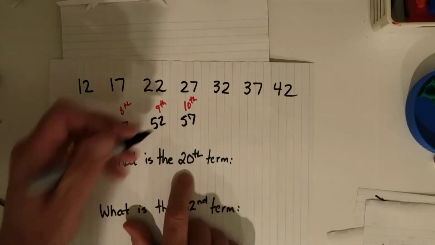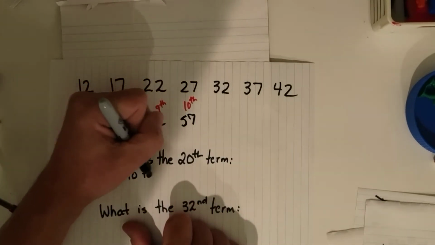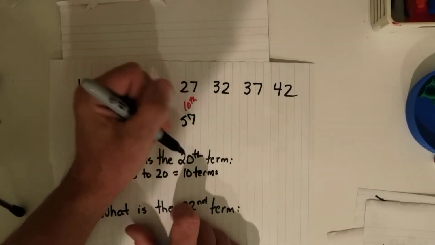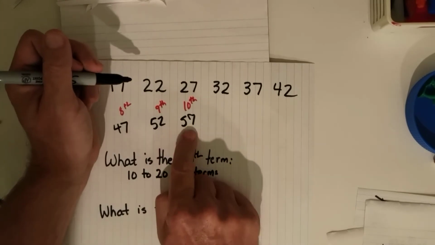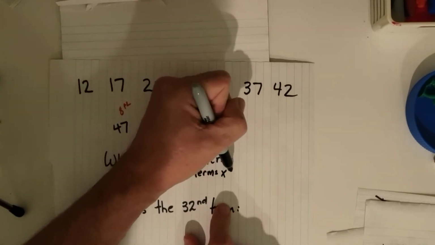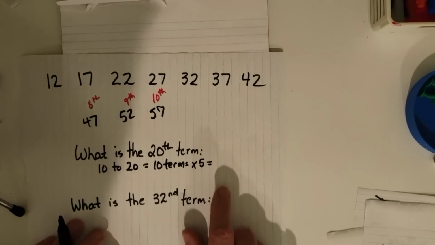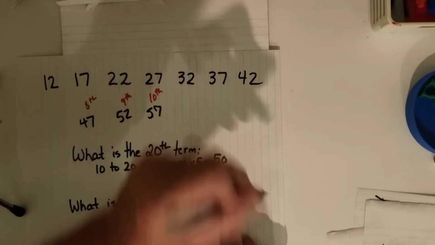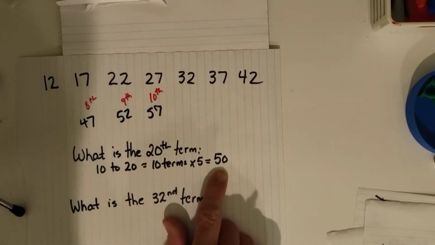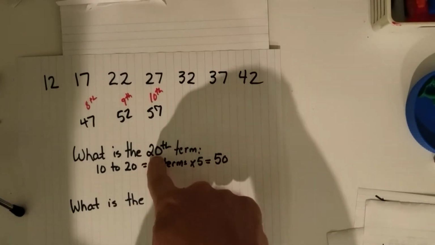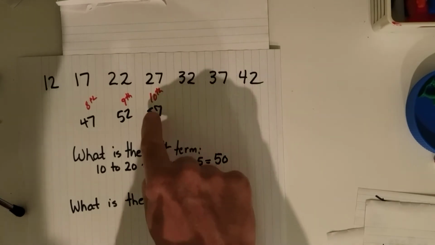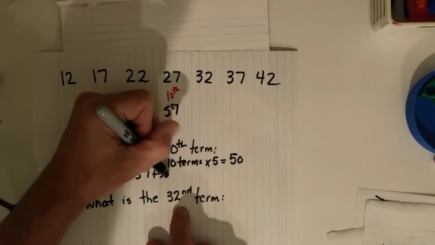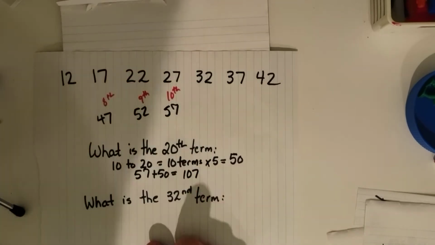If I want to find the 20th, I know that going from 10 to 20 is 10 more terms. And each term is going up by 5s. So I'm going to say 10 times 5. Again, they can use a calculator, but we did practice how to multiply by 10, is 50. So that means that the 20th term is going to be 50 more than this amount. So I can just do 57 plus 50 equals 107.